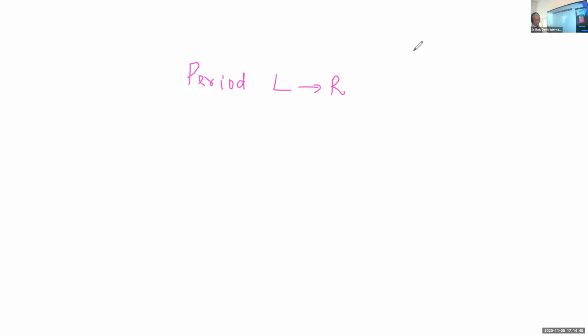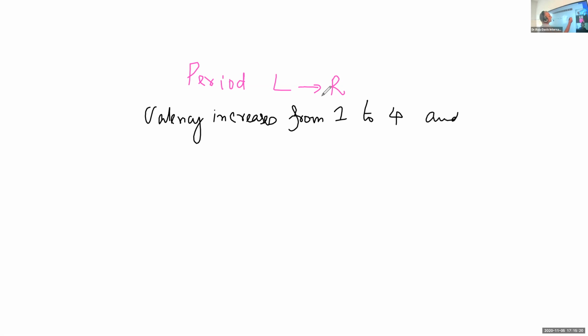From left to right, we can see that the valency increases from left to right. Valency increases from 1 and it reaches a maximum of 4 in the fourth group and then decreases.